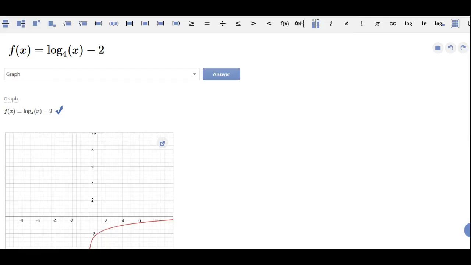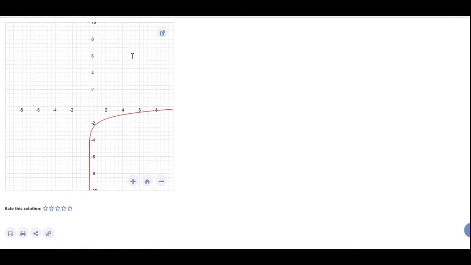Well, for the last one, I went to my other graphing calculator, so you could see it. And I put the formula in up at the top here. And when we get the graph, this is what it looks like. So we're asked to find the domain and range.